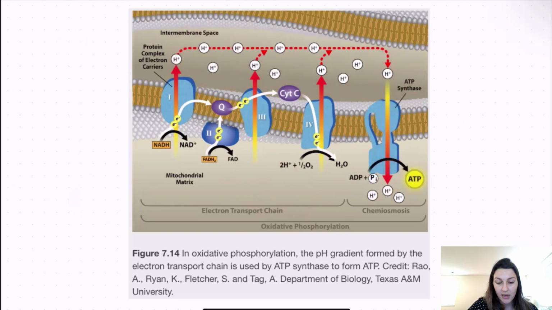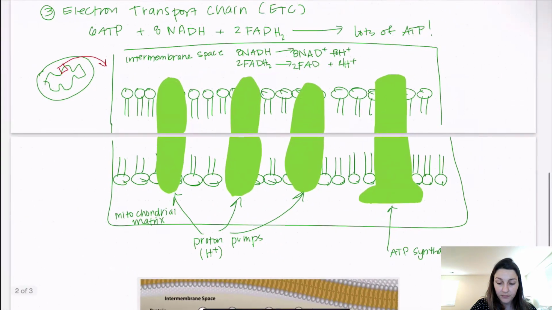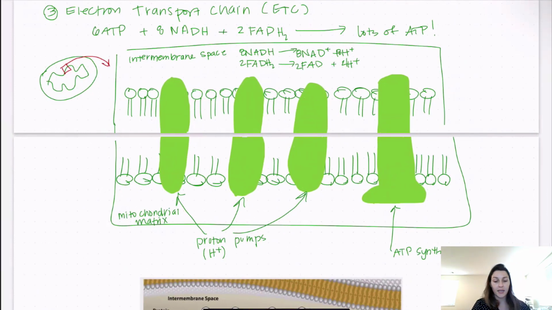So let's go back to our own drawing for a sec. What happens is that we get this high concentration of hydrogen ions in the intermembrane space because it gets moved. And so the hydrogen ions then get diffused through ATP synthase.